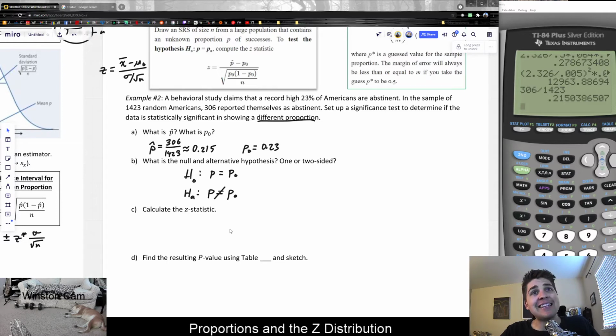But anyways, let's calculate the Z statistic, again, using the formula. Our Z statistic will be equal to the difference between the null and the sample proportion, and this would all be divided by the standard error. It might be nice to calculate the standard error first. The standard error is equal to the square root. Also notice here, we're using p naught instead of p hat.